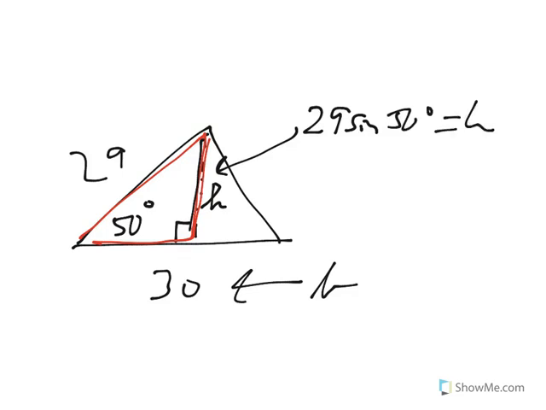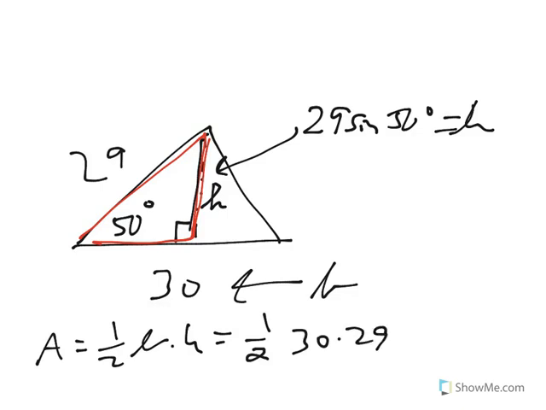So that's the height. Then area is 1/2 base times height, which is 1/2 times 30 times 29 times sine 50. And if you put that into a calculator, you get about 333.